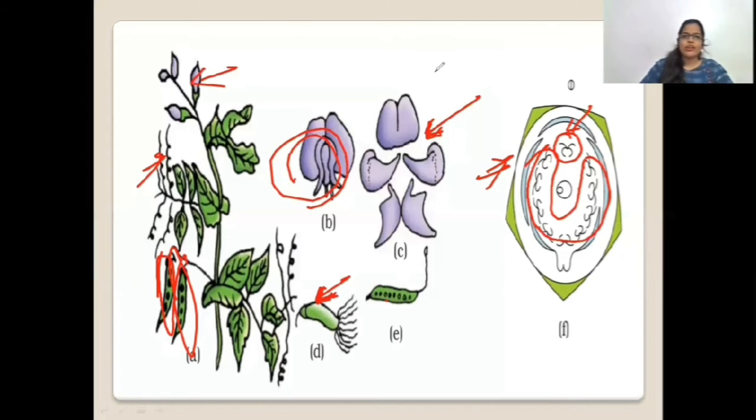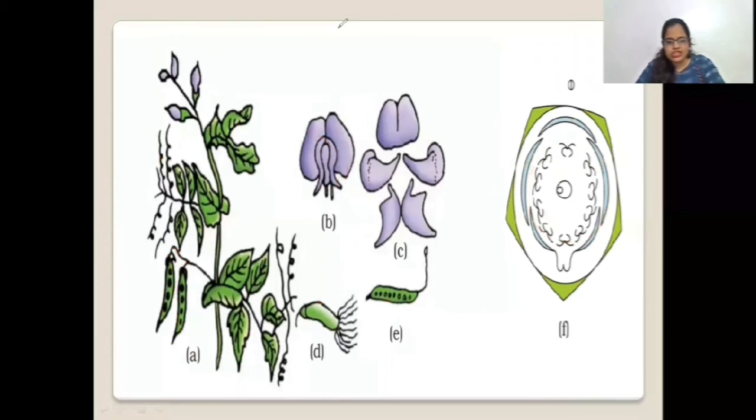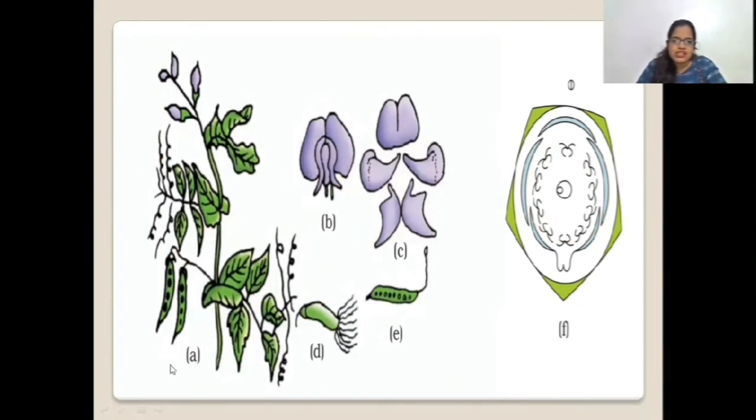Okay. So after this, we are going to see some of the examples of this family. Various examples are there, and the most common one which we get to see in our regular lives is the pulses. Pulses belong to this family, that is the Fabaceae family.